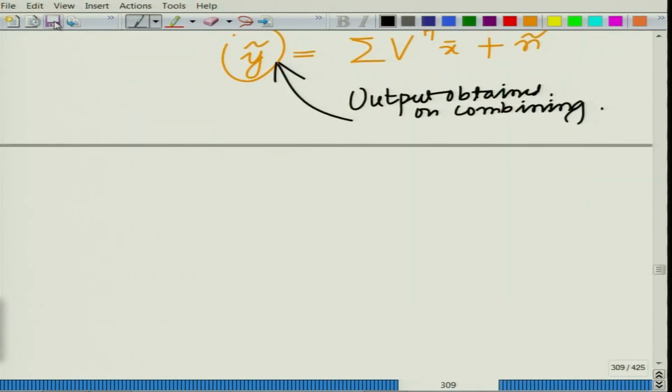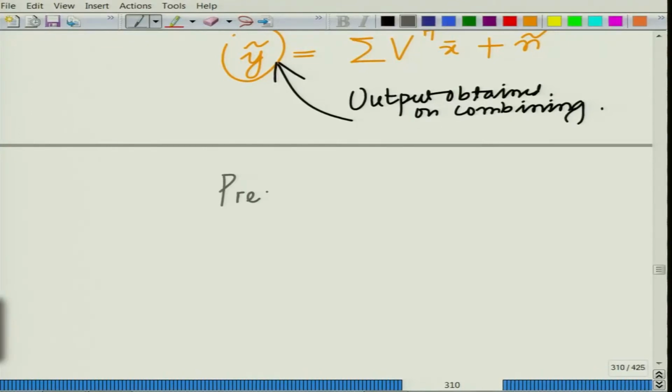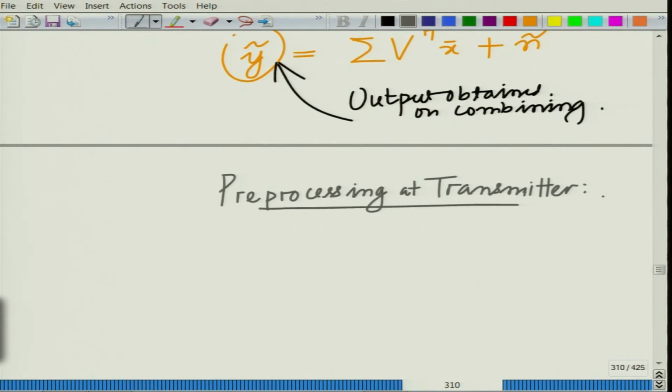Now, at the transmitter what we do is something interesting. At the transmitter, even prior to transmission, we also pre-process. Now, the combining is the post processing, right. In fact, in a MIMO system we also do pre-processing, that is at the transmitter. So, what is the pre-processing? The processing at the transmitter.